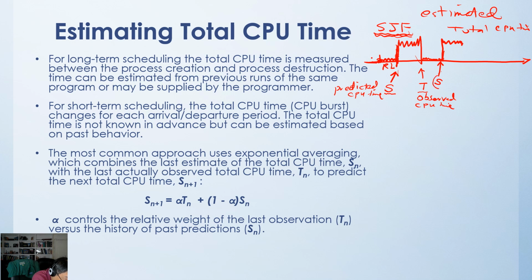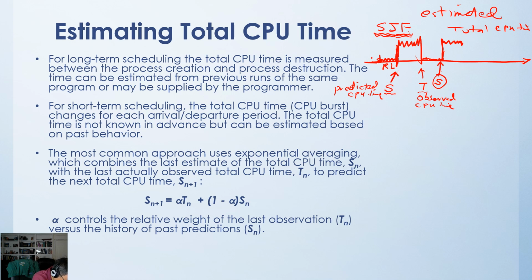Now, how do you calculate the predicted CPU time? That's a very important issue here. The more the process acquires the CPU and executes in the CPU, the more we know about this process, and the better we can predict the CPU time.